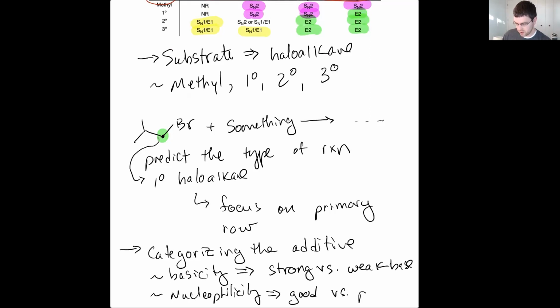I like to use that instead of strong versus weak. Okay, so we've got these various categories, and for the rest of the time I'm just going to use the chart in front of me. Maybe you want to have a chart in front of you from that separate window as I talk about each of the columns. Again, the rows are the substrate, which is the haloalkane, and the columns are the additive, which is the nucleophile or the base.